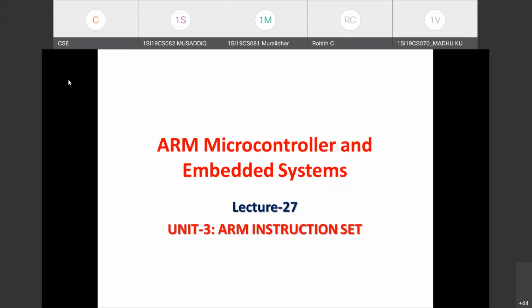Now in today's session, we'll see the stack operations, that is push and pop operations, how load multiple and store multiple instructions are used for performing stack operations, and what addressing modes are supported for stack operations. We'll see each of those operations with examples.